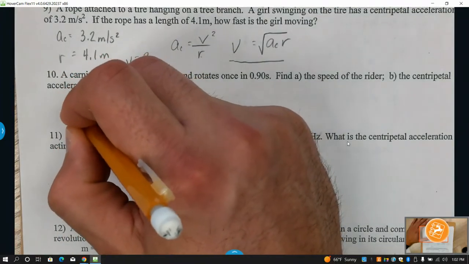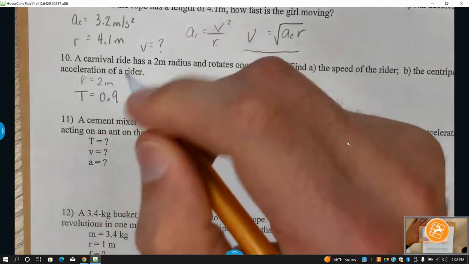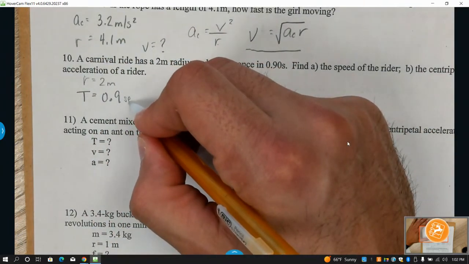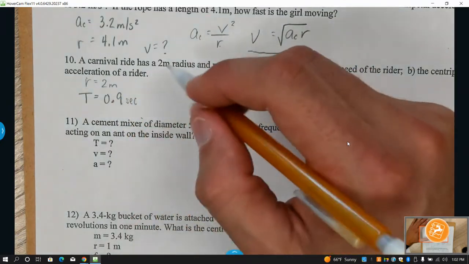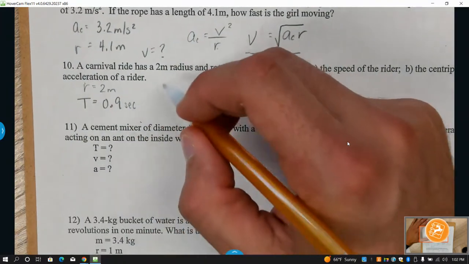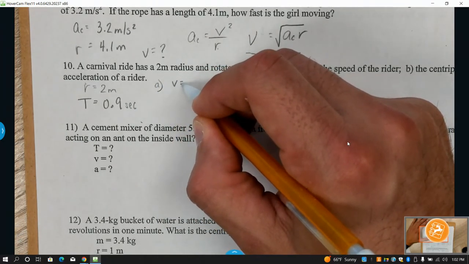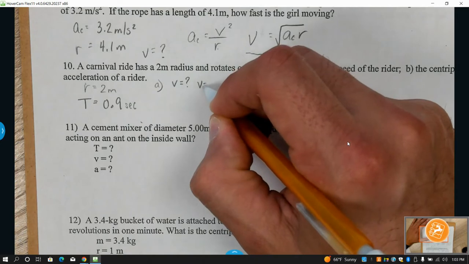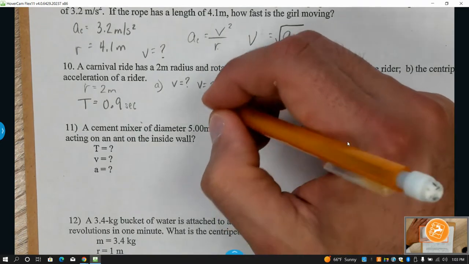So you have R and you have T of 0.9 seconds. It says A, first find speed of the rider. So first thing they want you to do is find V. 2 pi r over t.